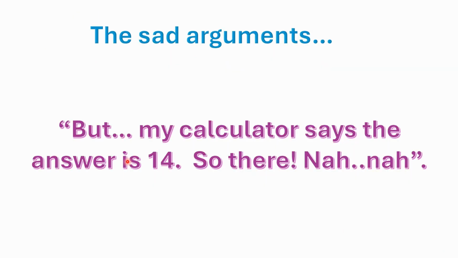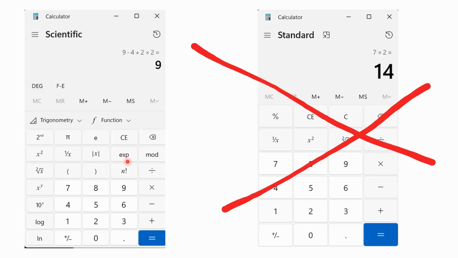As an example. But the other thing, too, the other one of the sad arguments is you'll always have that person that says, well, my calculator says the answer is 14, so there. Well, it's because they're using a really cheap calculator, or perhaps they're using their Windows computer and they've got the calculator set in standard mode, which means that this calculator solves in what's called immediate execution mode.